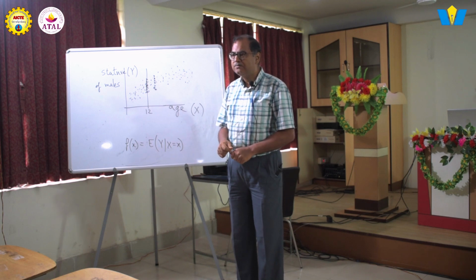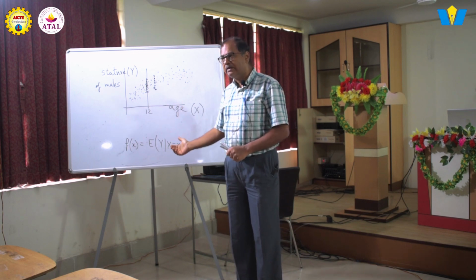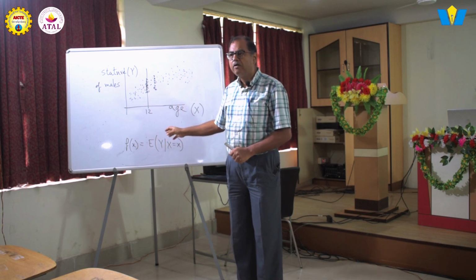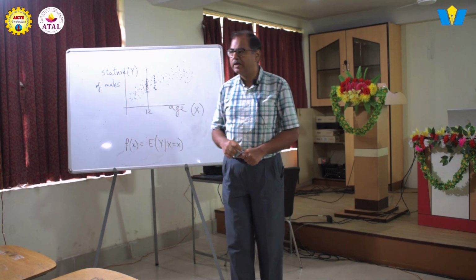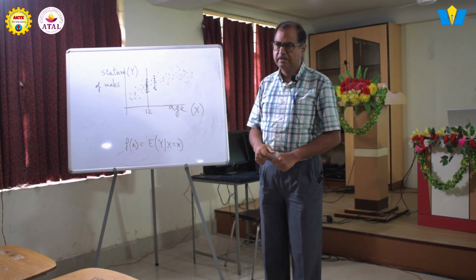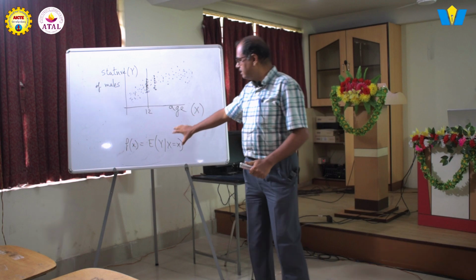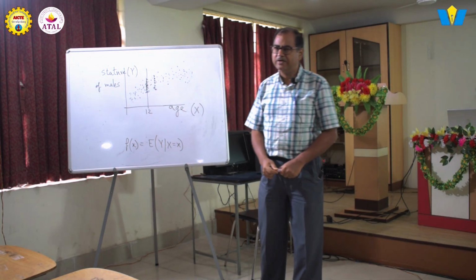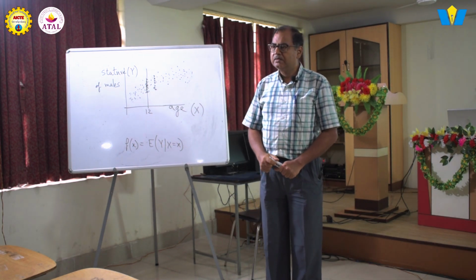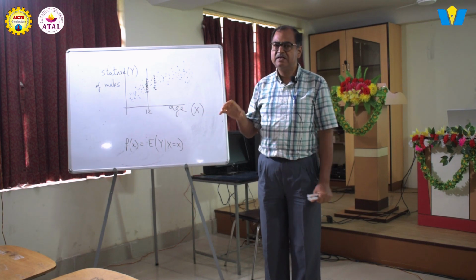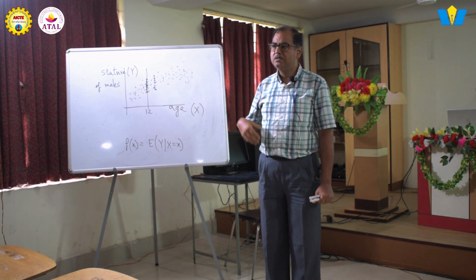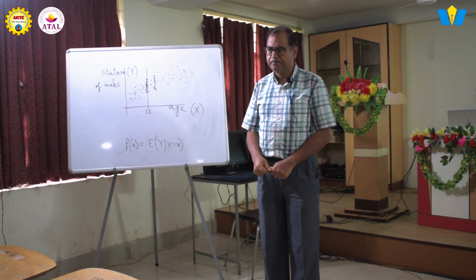And that intuitive solution happens to be mathematically the most optimal solution according to the minimum mean squared error criterion. So this conditional expected value, this average value, occupies a very central space in the theory of regression.